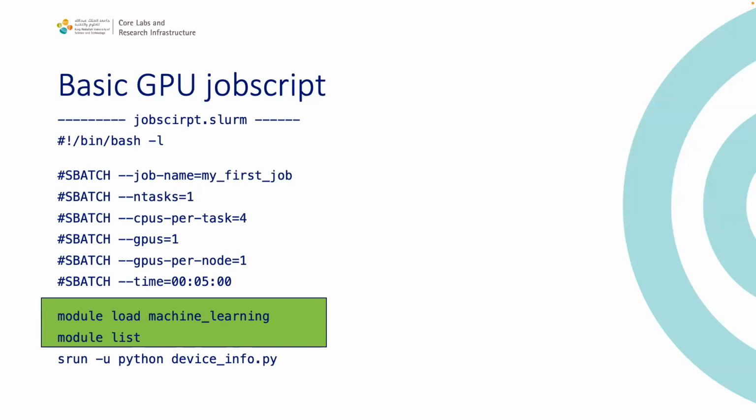There are programs that many users use. For example, the machine learning module pretty much gives you the basic stuff to do machine learning on GPUs or CPUs, but you might need to do your own thing. And then, of course, at the bottom, you can run your program with srun.